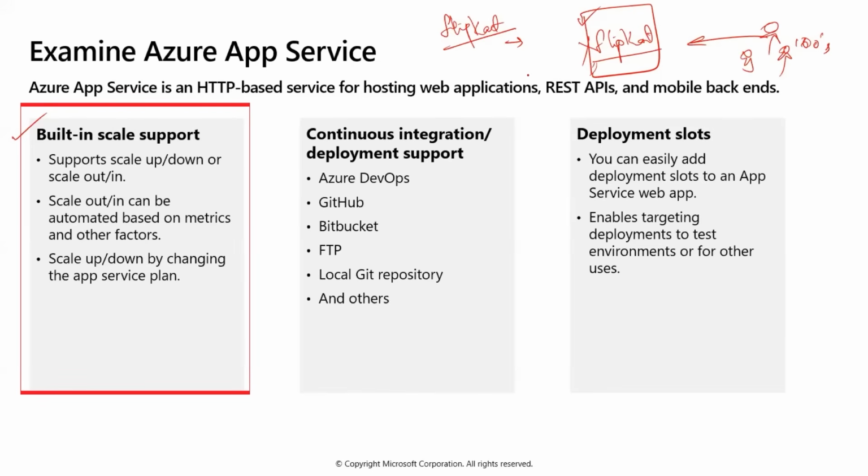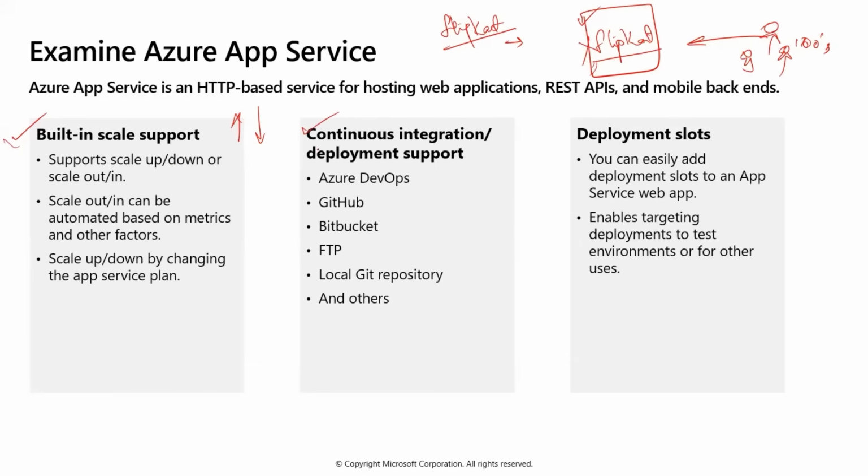So there should be a way for you to handle this kind of situation. Your server should be handling the user requests. How do you do it? With the help of built-in scale support. You can automatically scale up or scale down the compute resources based upon your user requirements. That is built-in scale support.